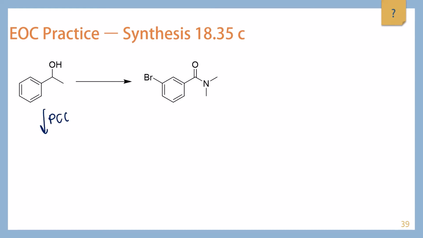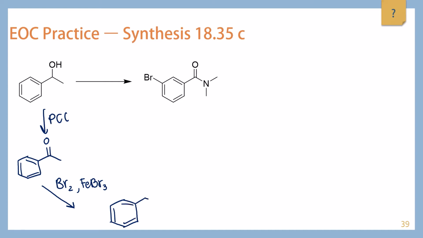You could keep it gentle and turn it into a ketone. And then add in bromine and iron tribromide. Put your bromine on in the meta position because we know for sure that ketone is a meta director.